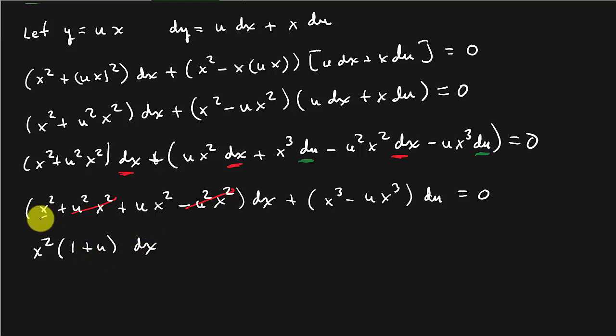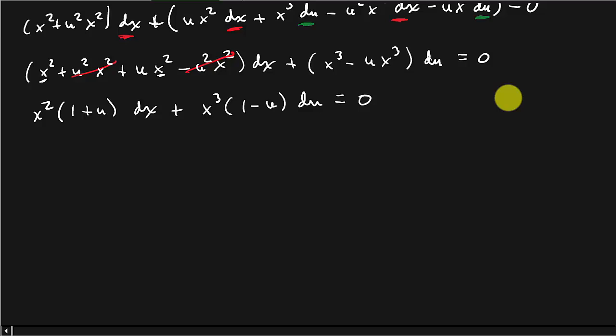I just factored out a common factor of x squared. That leaves me with 1 plus u. And then that's going to be plus x cubed times 1 minus u du equals 0.